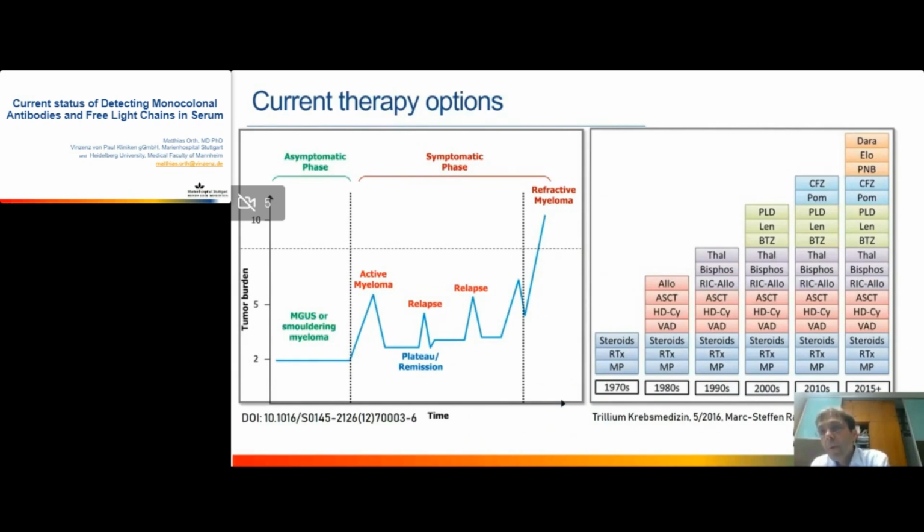Many of them employ monoclonal antibodies, bortezomib and daratumumab, a monoclonal antibody. We have the disease as a progression from MGUS over smoldering myeloma into active myeloma, and we hope that the treatment we can offer will keep the patient in remission for a rather long time.